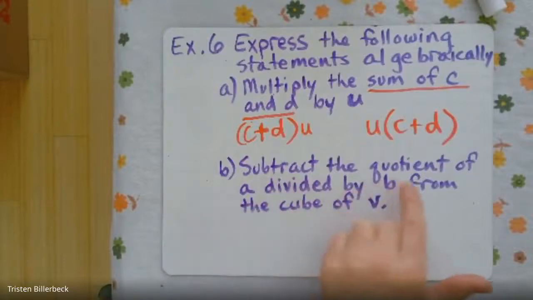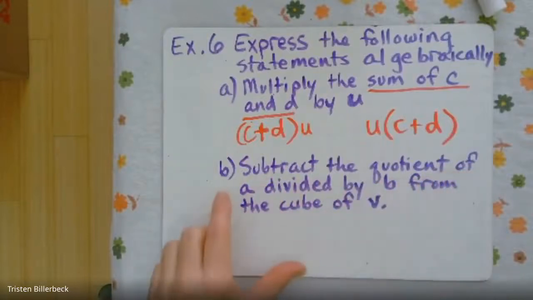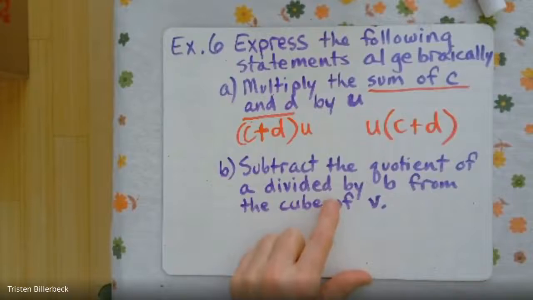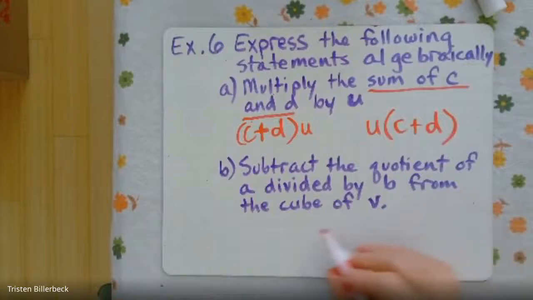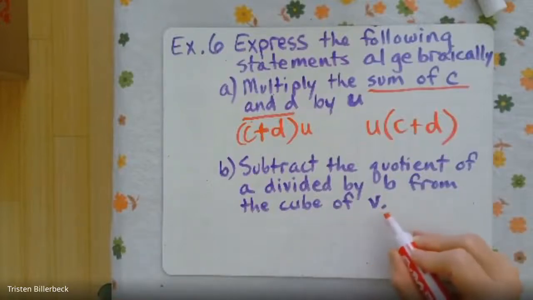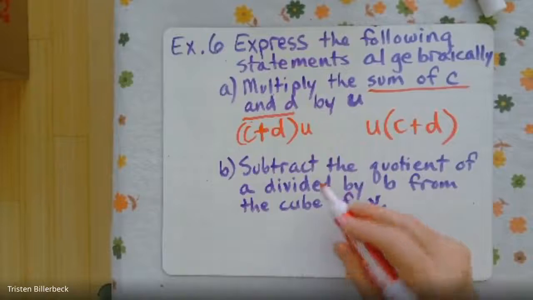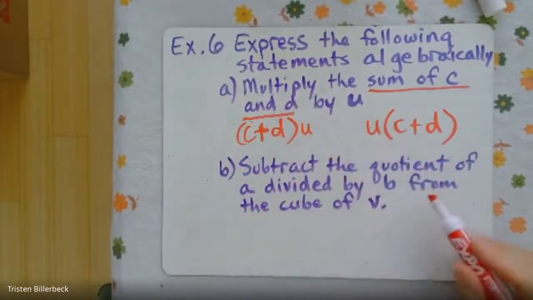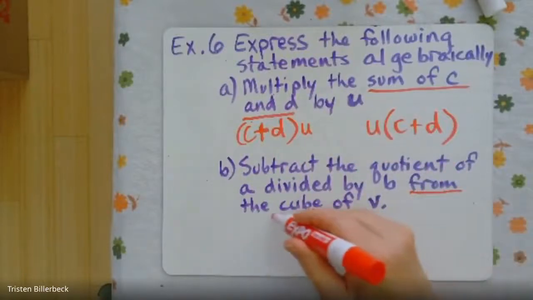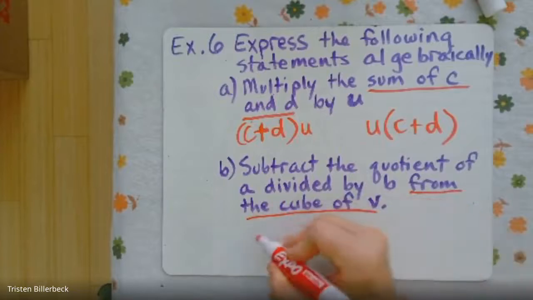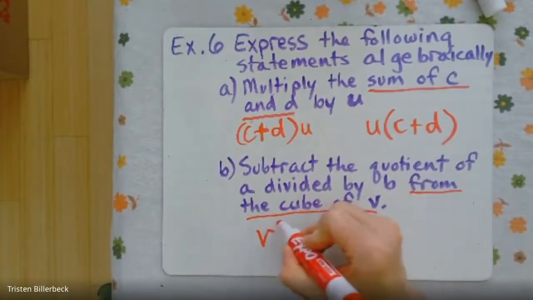So here we have subtract the quotient of A divided by B from the cube of V squared. Okay, so we're subtracting something from the cube of V squared. So we can start with V cubed.